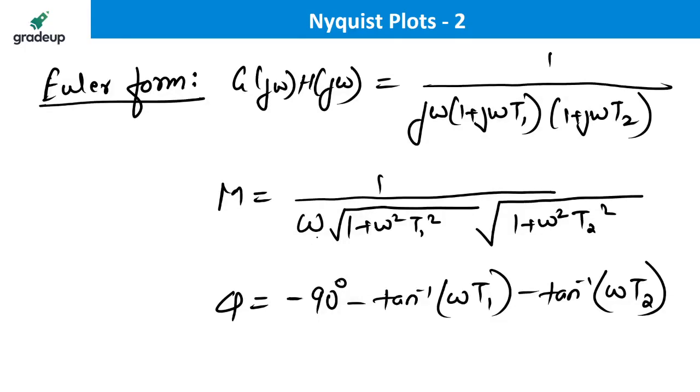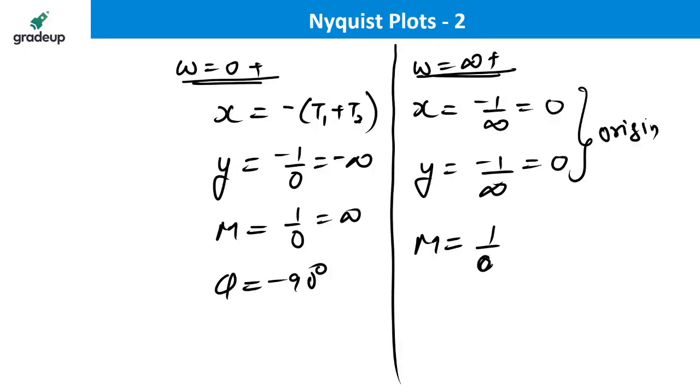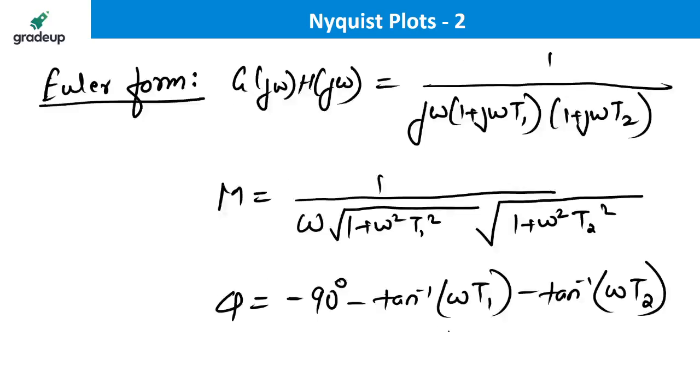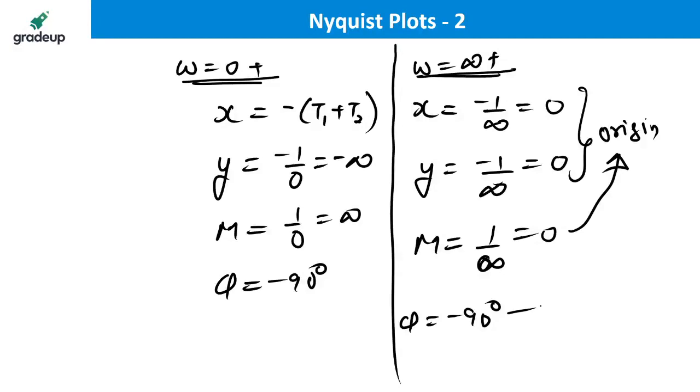By magnitude. Magnitude is also 1 upon infinity, that is 0, which also means origin. Phase is equal to minus 90 minus tan inverse infinity, minus 90 minus 90, that is minus 270 degrees. Correct?